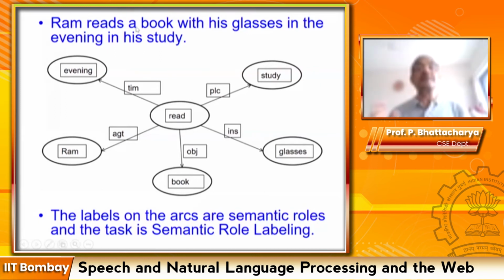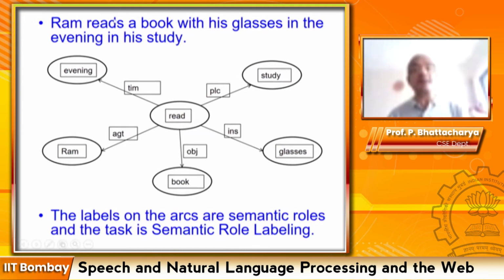Agent and object are critical for reads. So this is a property of the verb reads, that it requires an agent and requires an object. Okay, so we call object and agent essential requirements of read, and we call them arguments.